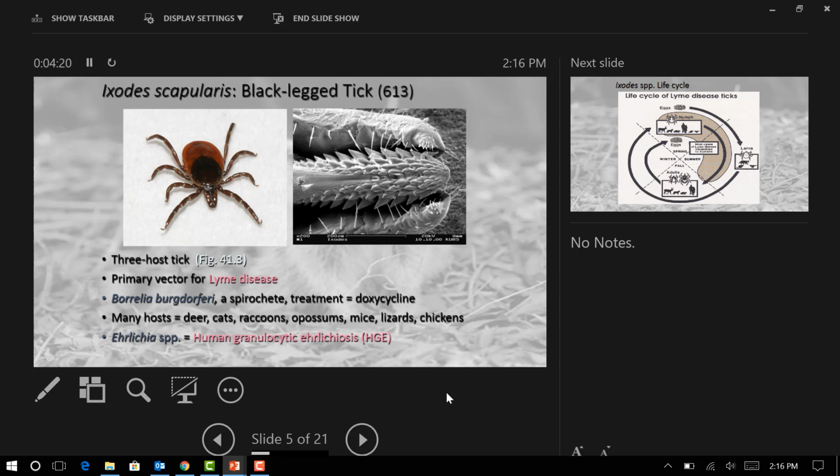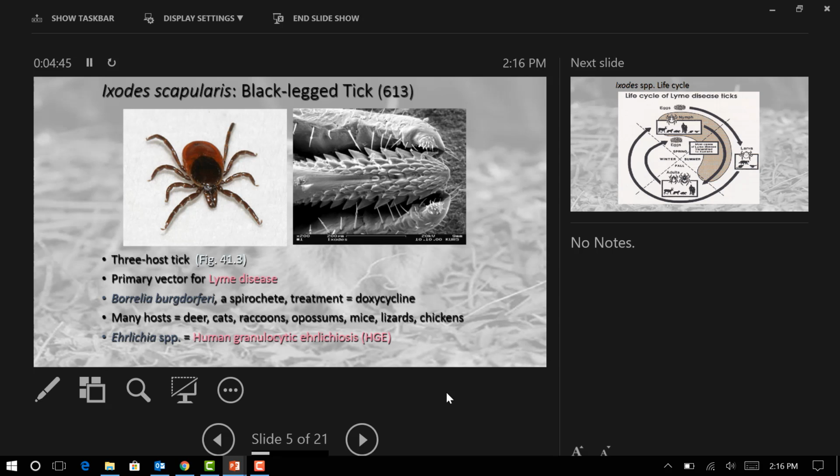Of all of the tick-borne diseases, this is one of the more common in North America, and also one of the more dangerous. It also acts as a vector for Ehrlichia species, which causes a disease called human granulocytic ehrlichiosis.